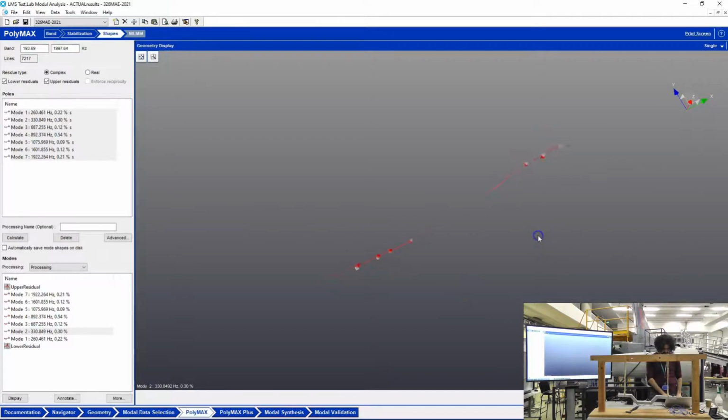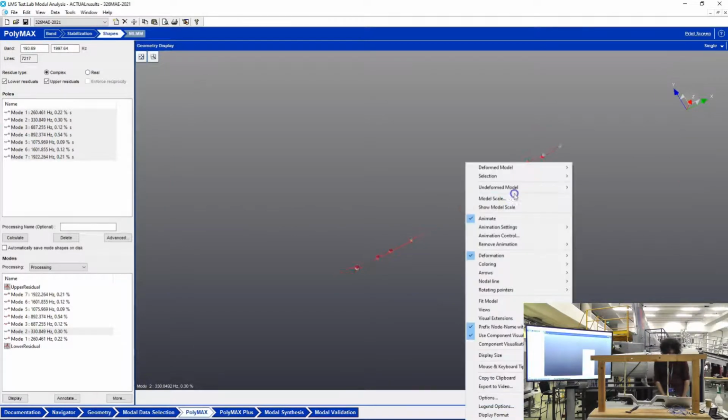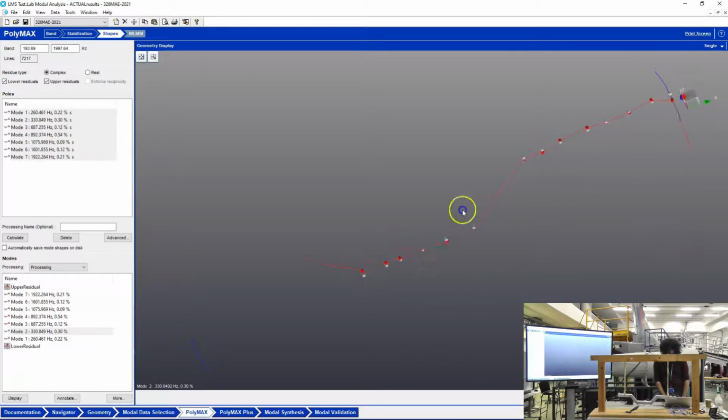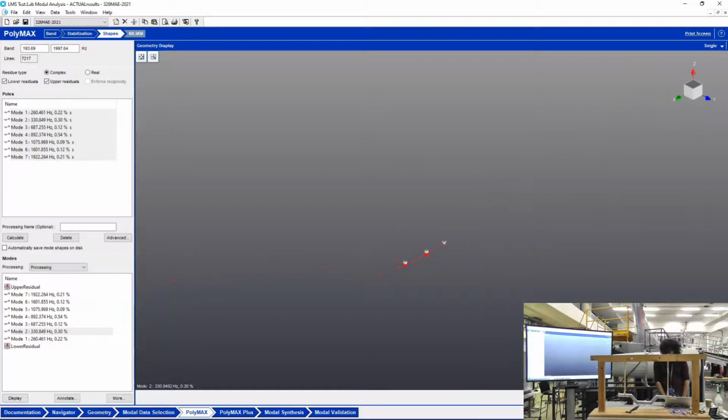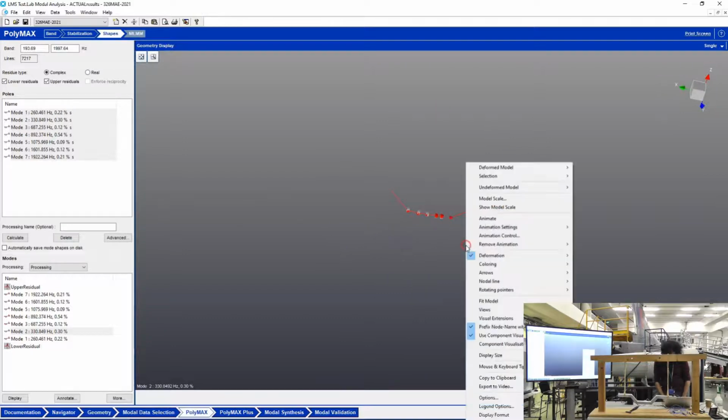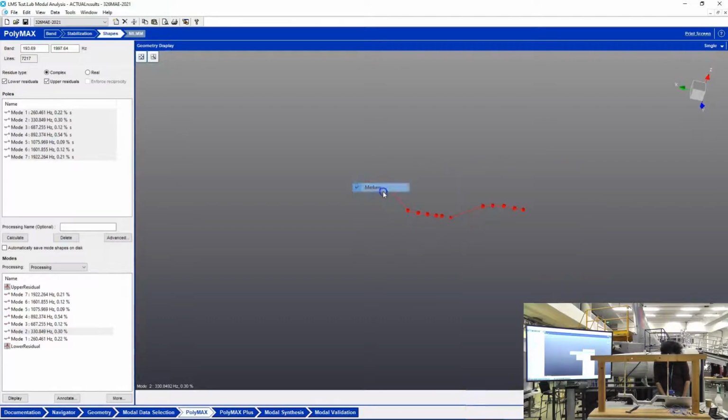I'm not sure what's going on. We have a visualization issue, probably.